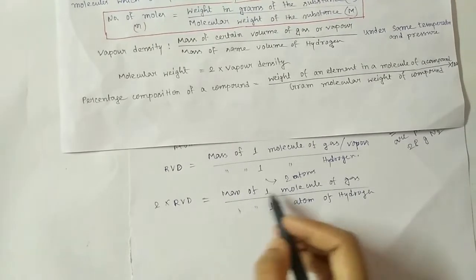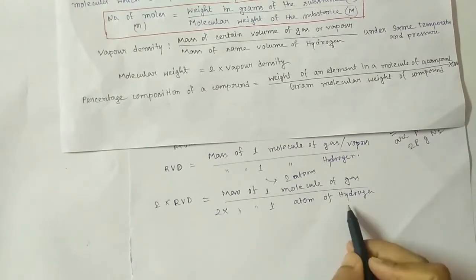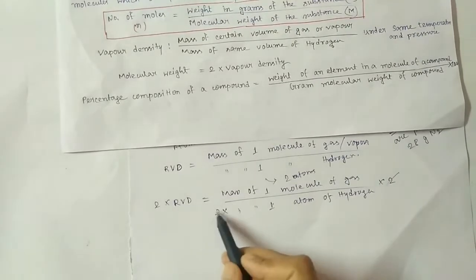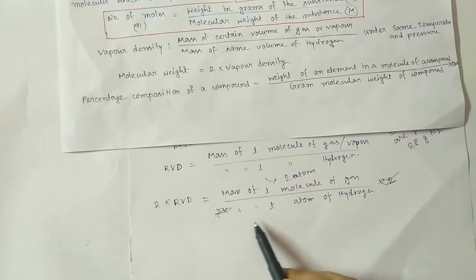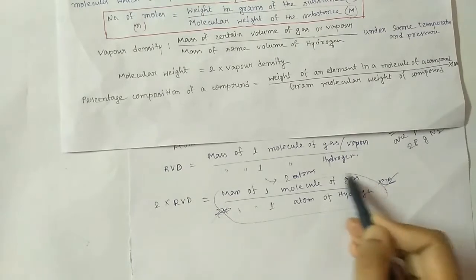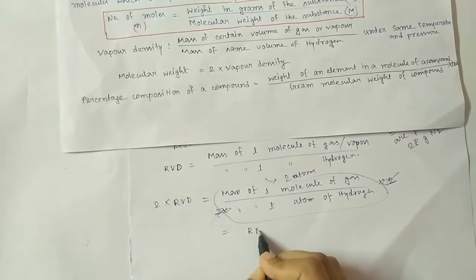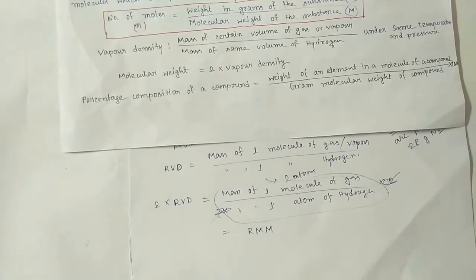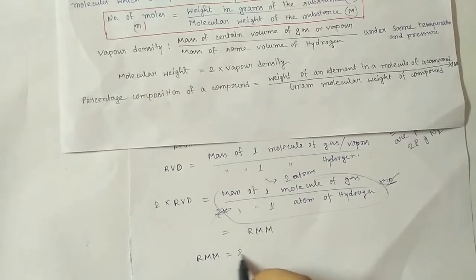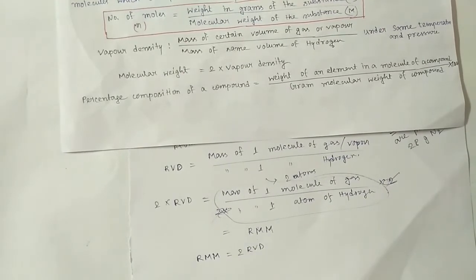Because if we take 2 from this side, it will be 2 into 1 atom of hydrogen, and as we are multiplying 2 with this side, we'll cut this 2 and thus the final thing will be mass of one molecule of gas by mass of one atom of hydrogen. So actually this thing, can you relate it? This is telling you about the relative molecular mass. So that's how we can conclude that relative molecular mass is equal to 2 RVD, or relative molecular mass of any molecule is twice of relative vapor density of that molecule at same temperature and pressure.